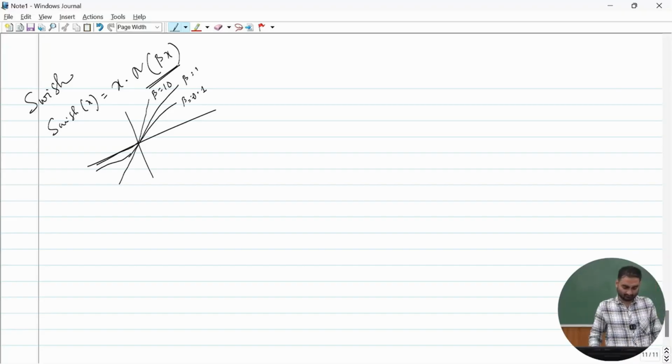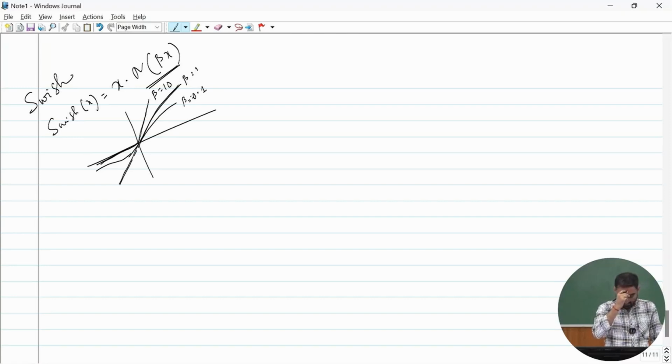The drawing is not good, by the way. So if you see this, when beta is 10, it is almost a ReLU function. If beta is very small, it is basically linear.